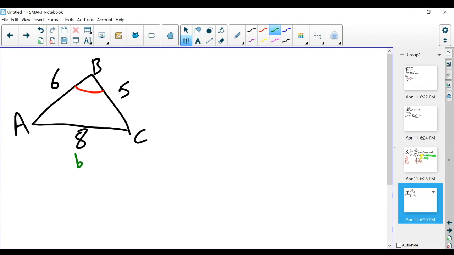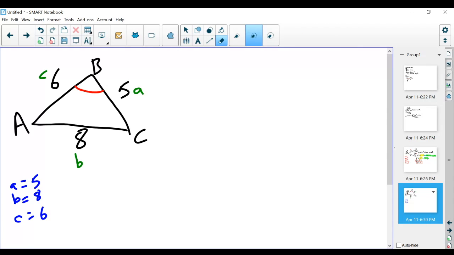We know this is little b, little a, and little c. We know that a is equal to 5, b is equal to 8, c is equal to 6, and we're looking for angle B.